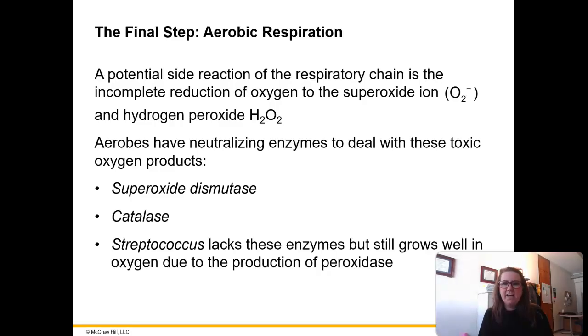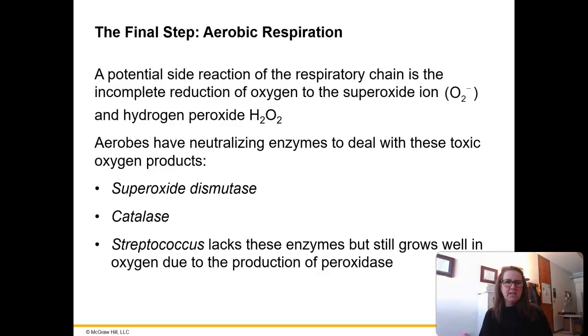So essentially what we have is the production of what we call superoxide. So you see there is a net negative charge. So that's what we're calling it, superoxide. There's nothing joining that. And then we have the production of hydrogen peroxide.